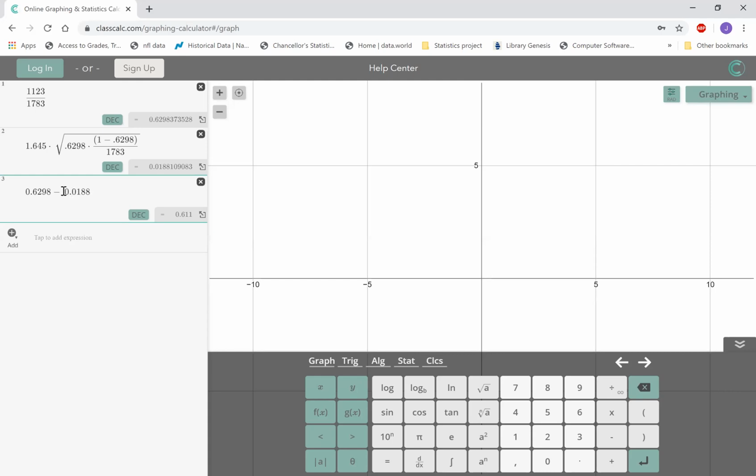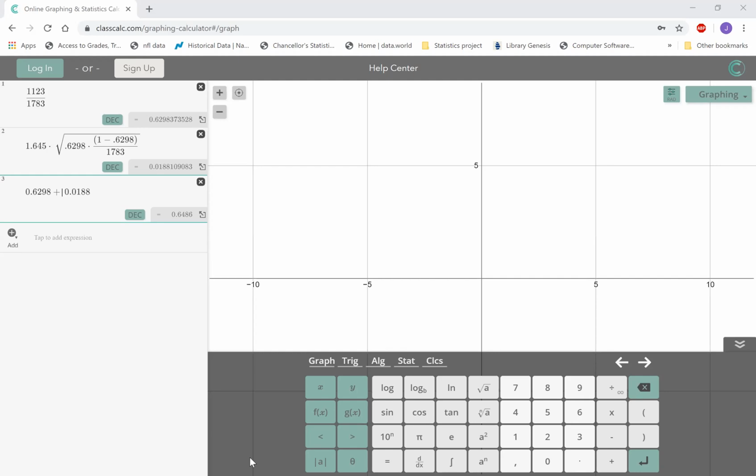I'm going to go back here, delete the negative, and you put addition. And you go 0.6486. Any question in regard to that last problem? So that's how you find the confidence interval for a population proportion.